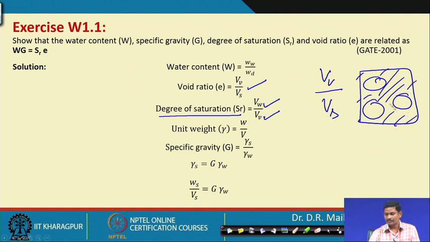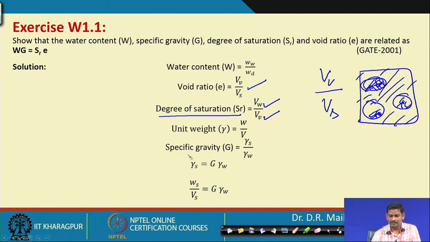Since this is a void, some portion will be filled with water, and some portion will be void. So this is the total void volume and volume of water. That is the degree of saturation.